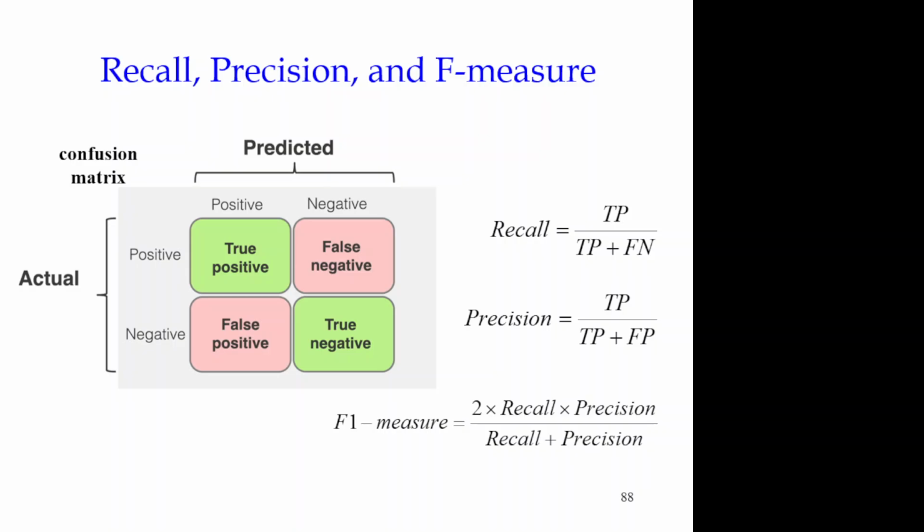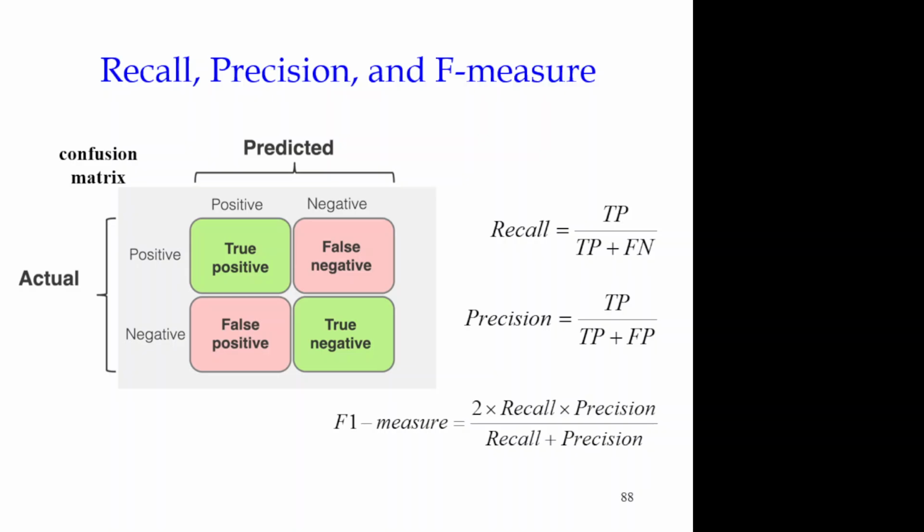Here, this figure illustrates the recall, precision and the F measure. This plot shows the confusion matrix. In the confusion matrix, we have predictions, positive or negative. You can think of it as a classification test, and you predict.